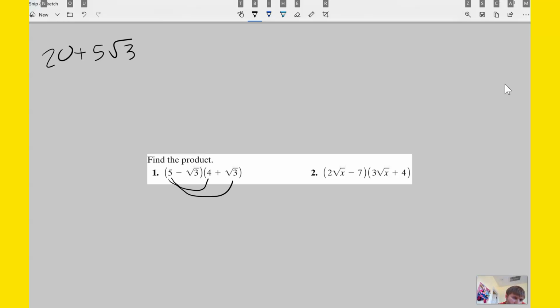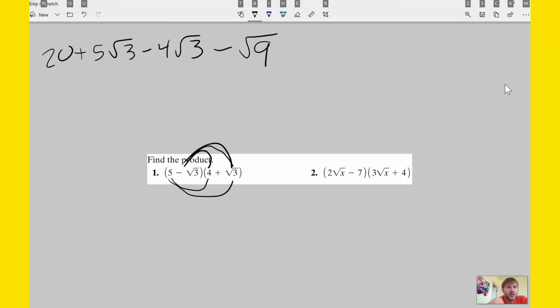Then I'm distributing the negative square root 3 to here and to here. So negative root 3 times 4 is just negative 4 root 3. Because again, the 4 is not under the radical and the 3 is, so they can't combine. And then negative root 3 times root 3 is negative root 9.